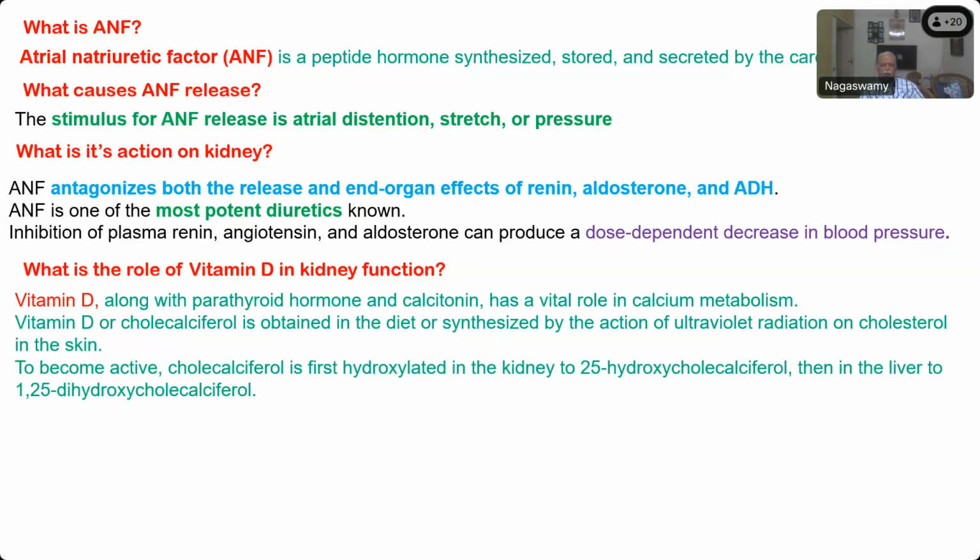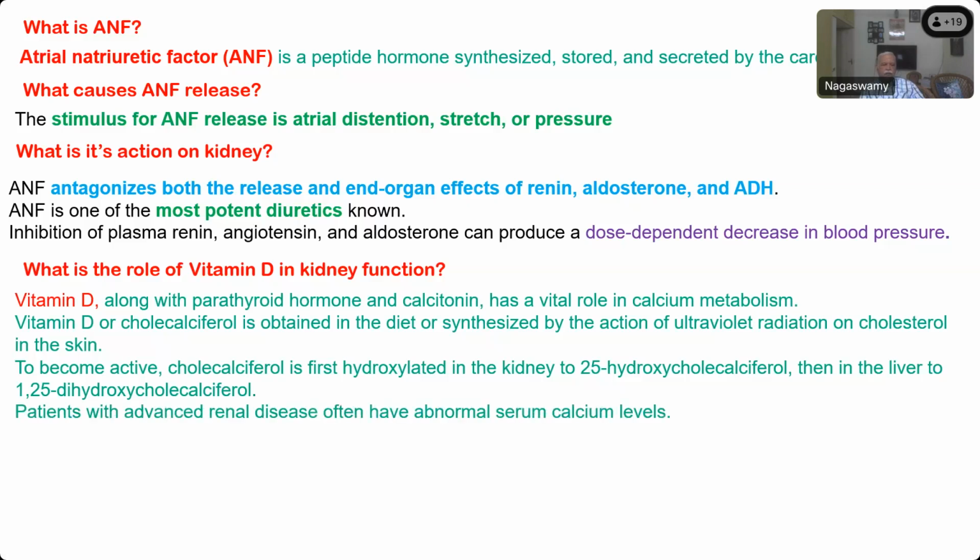So these two, the 25th position and then the first position, make it dihydroxycholecalciferol. So at the kidney, it becomes a monohydroxycholecalciferol. At the liver, it becomes dihydroxycholecalciferol. So the hydroxyl group is added at these two positions.